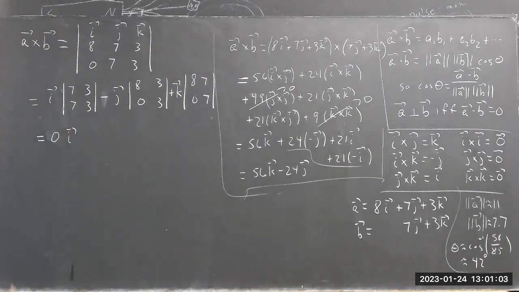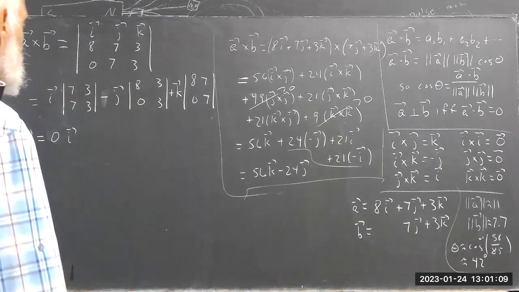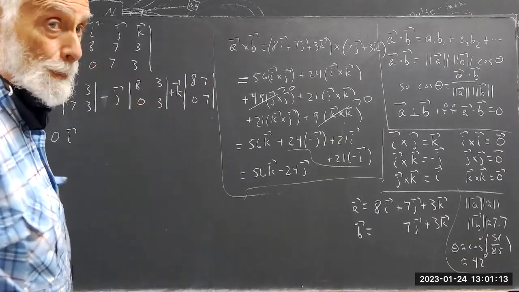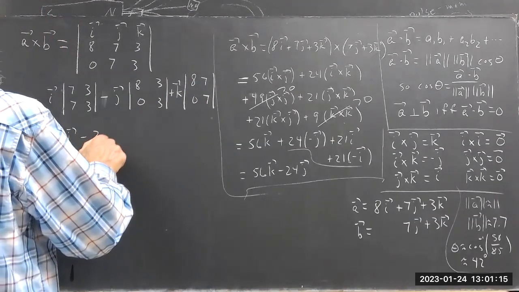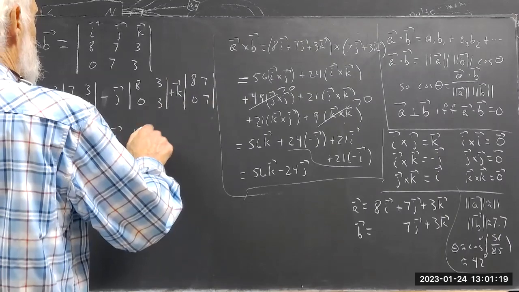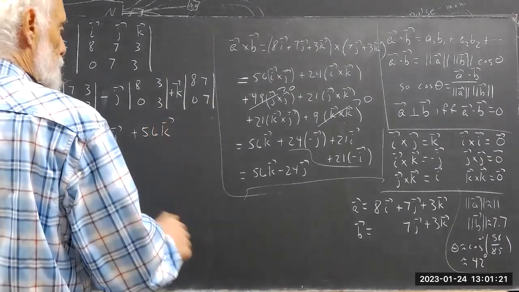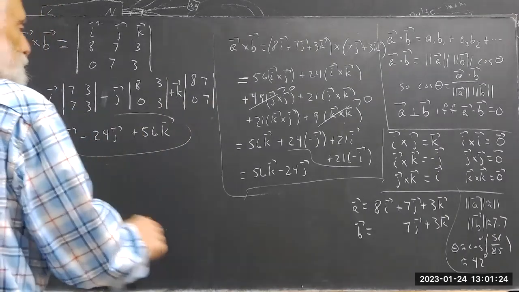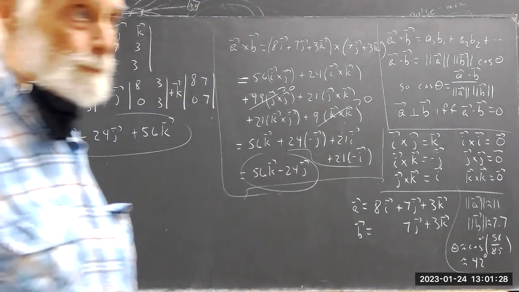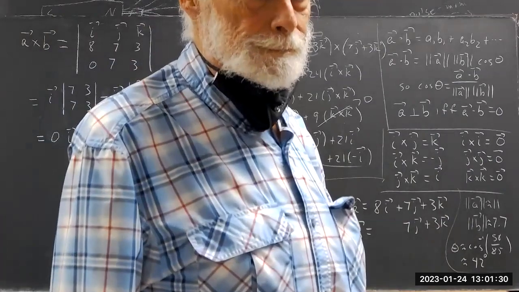If you like, you do 7 times 3 minus 3 times 7, but that's going to give you 0. Okay. And here you do 8 times 3 minus 3 times 0, which is easy. It's just 8 times 3, so that's minus 24J. And this is plus 56K. I don't have to explain that, but you see that agrees with this. So it's easy to calculate.